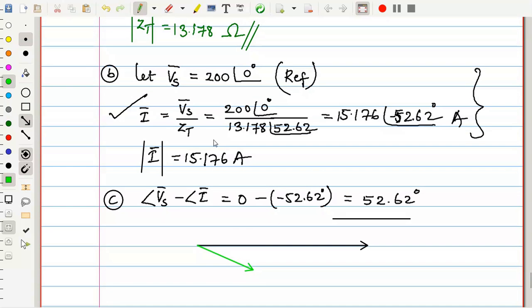The green one is the current I bar, and the black one is your voltage, Vs. Now the angle between these is theta, and theta is 52.62. Now you can check that the current is lagging the voltage, so you can write here lagging. This lagging or leading is always with respect to current. Is the current lagging the voltage or leading the voltage?